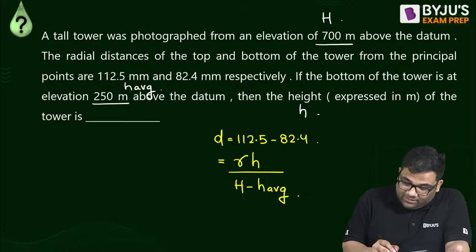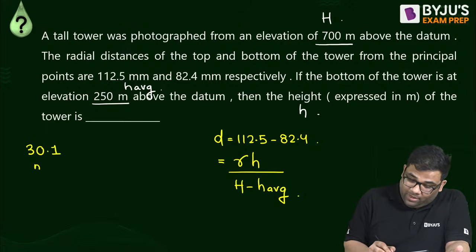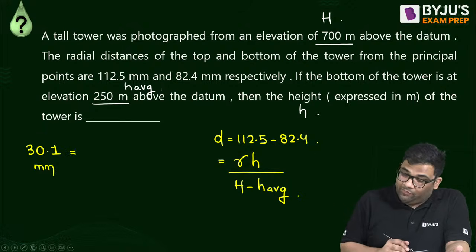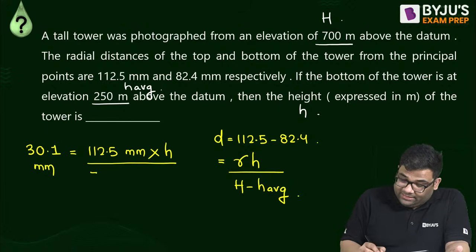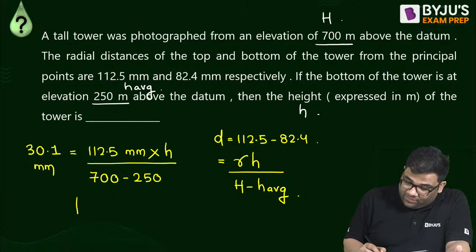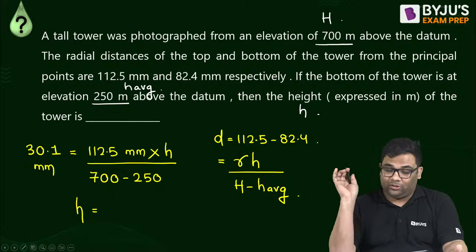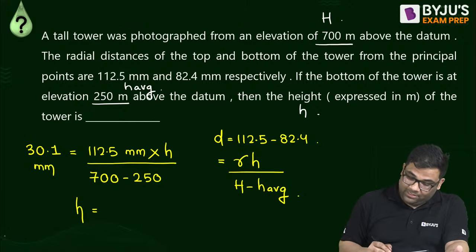From here I will say this is 30.1 mm, which is equal to, R was 112.5 mm. Then small h we have to find out, divided by capital H is 700 and H average is your 250. So tell me what is the height of the tower from this. Please solve and tell me.